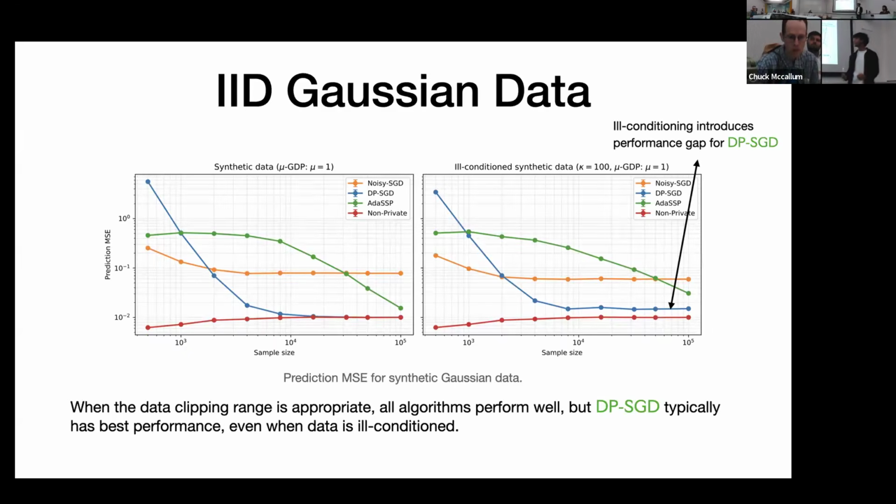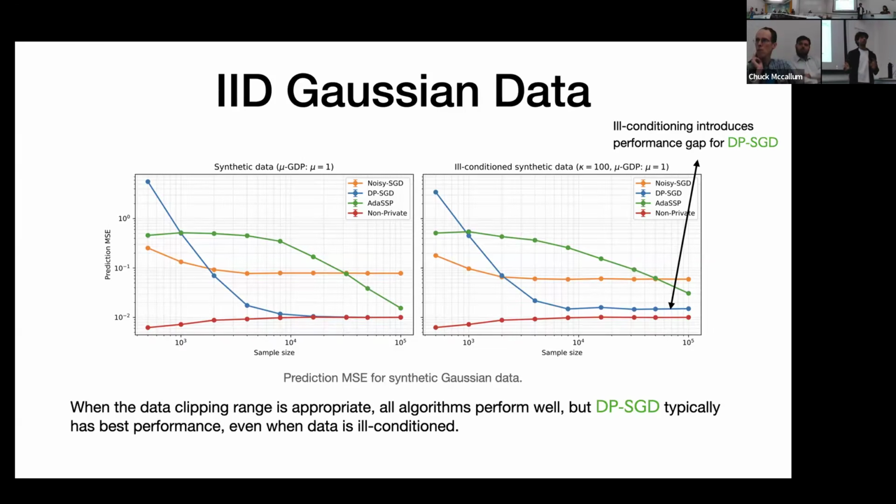Yeah, thank you. So when the data clipping range is appropriate or well chosen based on the synthetic data, as an example here, we use, I want to say, R equals 2, and we're drawing from an isotropic Gaussian, all of these algorithms are going to perform reasonably well. That is, by the time we get a sufficiently large sample size, we'll converge to a prediction MSE that's below 10 to the power of -1 or something.